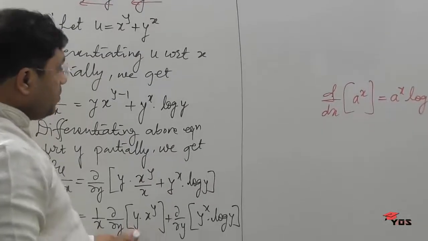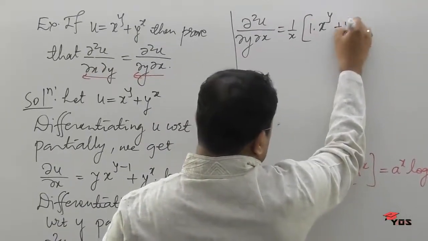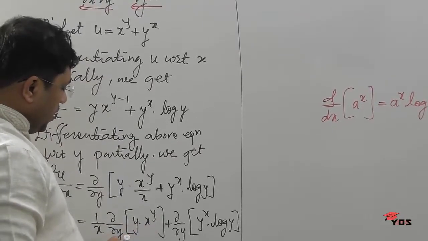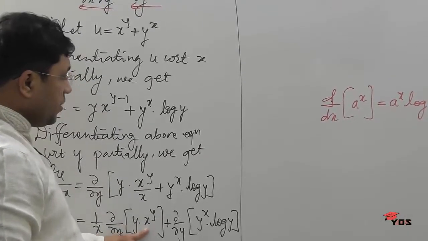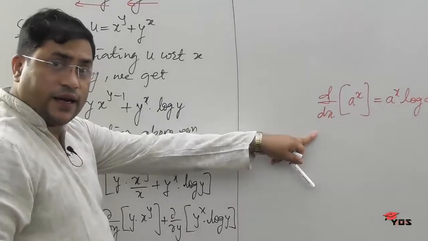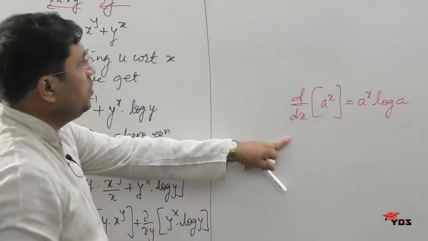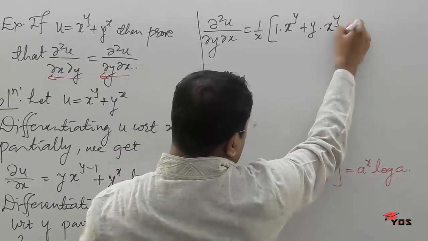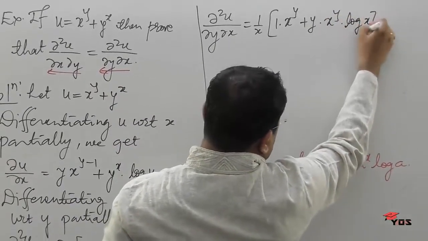Now we keep y as it is, plus y, and then the derivative of x raised to y. Here we are differentiating with respect to y, so x is treated as a constant, and again this formula is applicable, so we write x raised to y into log of x.